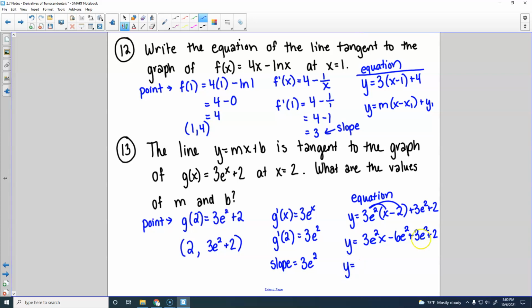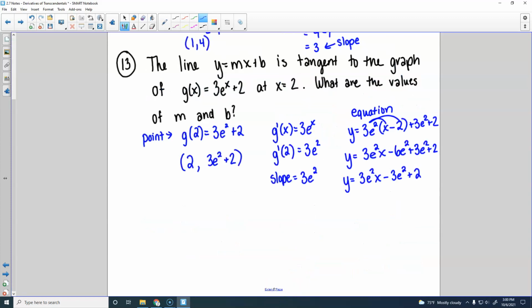Yes. Those e to the seconds I can put together. So I got 3e squared x minus 3e squared plus 2. M is slope, so that is the number in front of our x. So m is 3e squared.